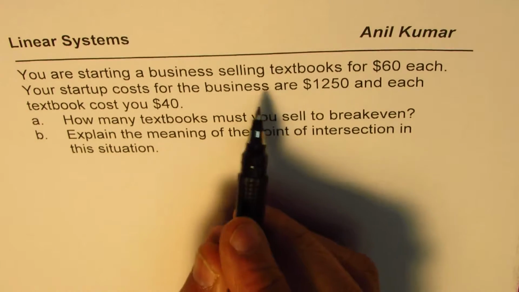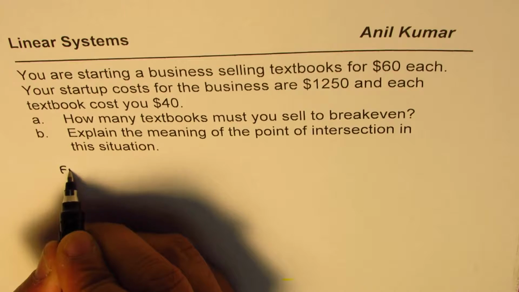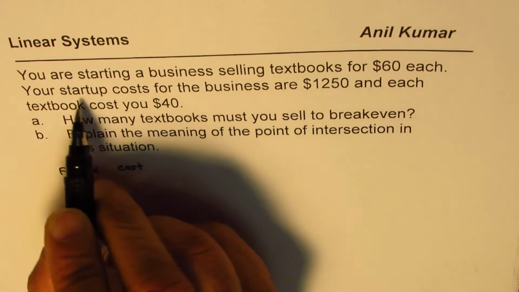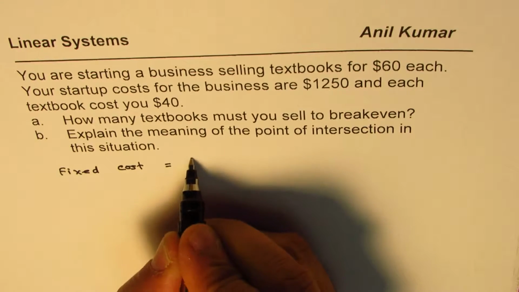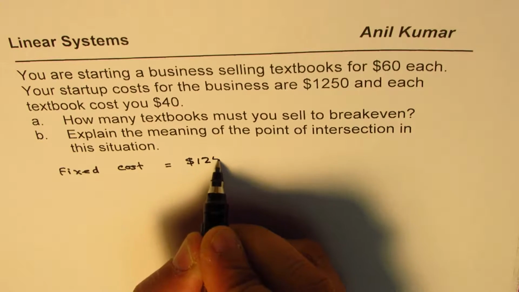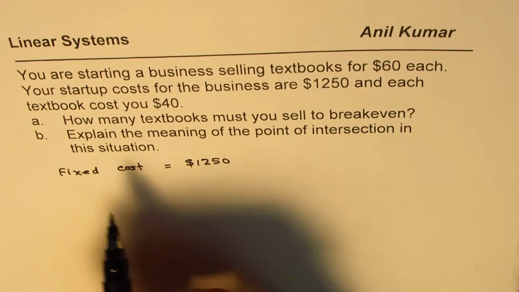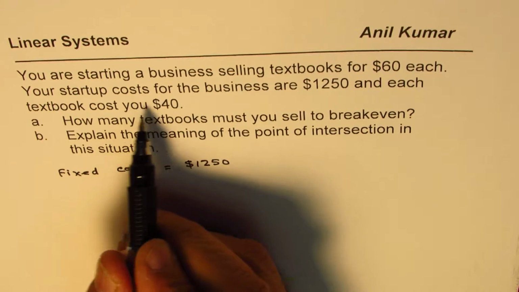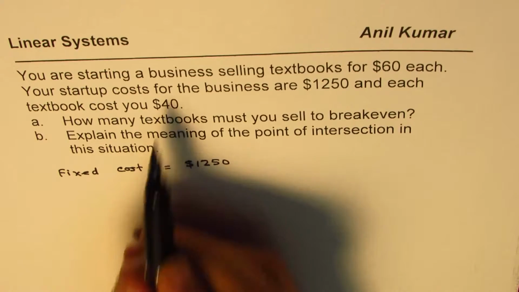What you have here is a fixed cost. We'll say we have a fixed cost, which is the startup cost of $1,250, right? And then we have the cost per book, which we call recurring cost, which happens every time you sell a book.